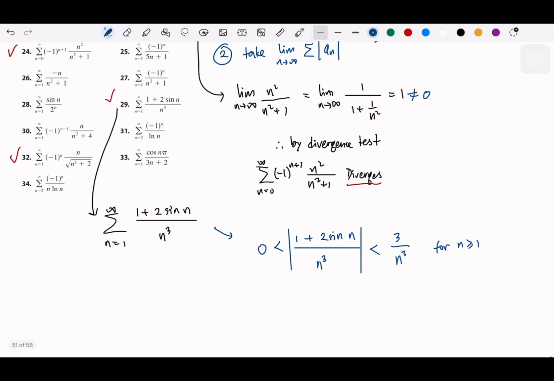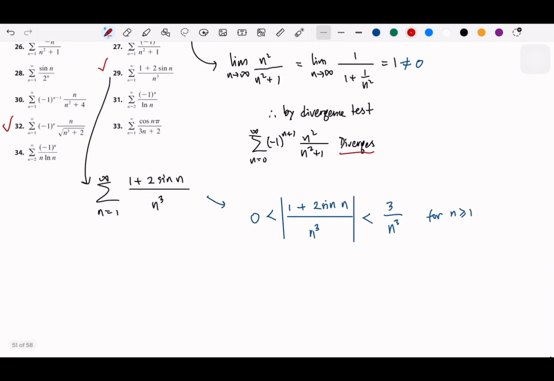And from this 3 over n cubed, we know from the P series that 1 over n cubed is convergent. And then our series is less than the P series.